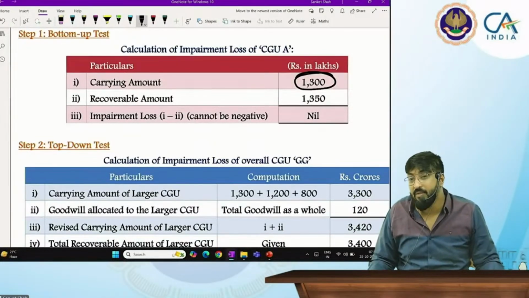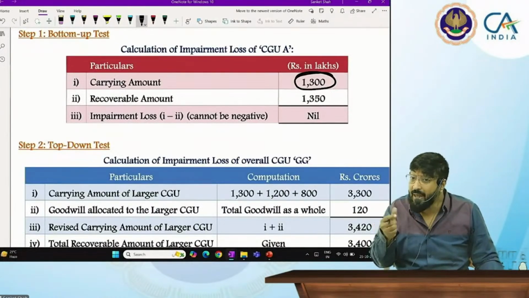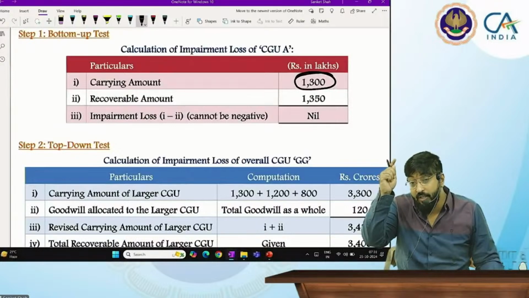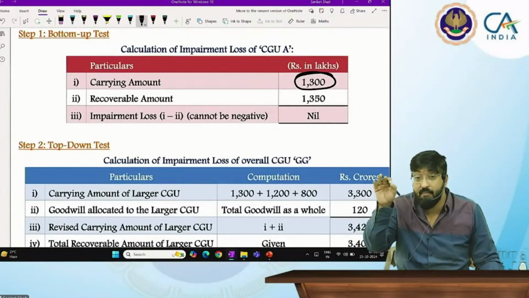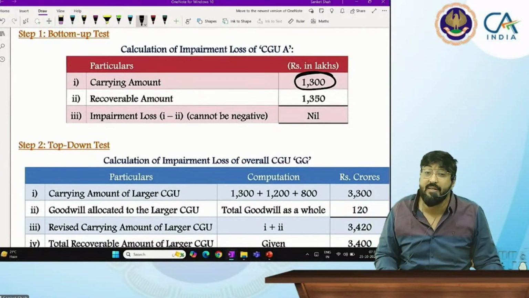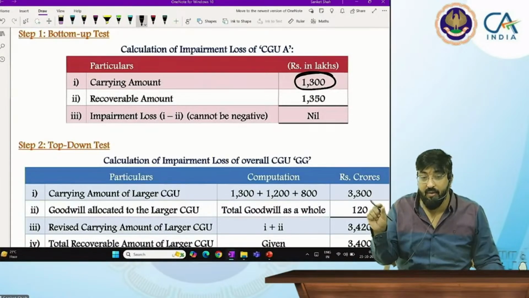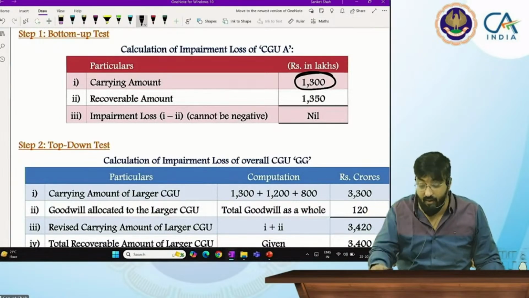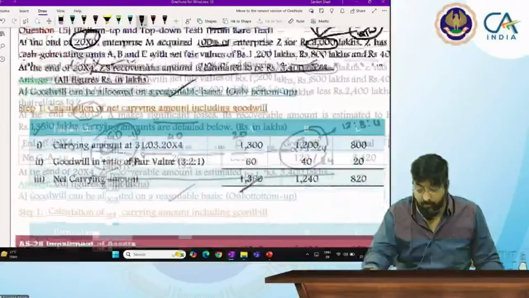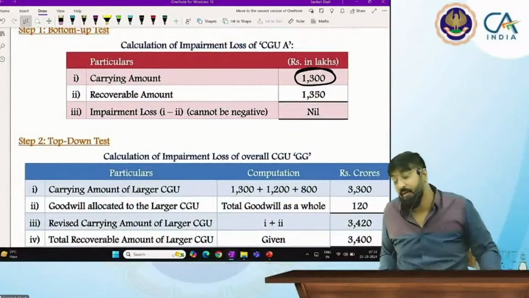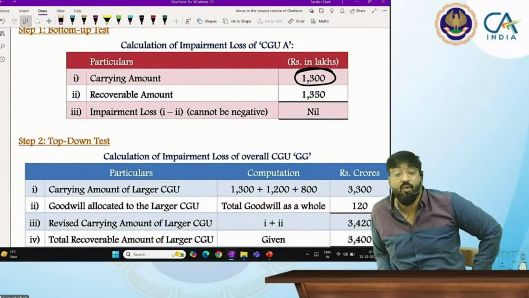Now I will first go with the bottom-up test only, without goodwill. So what is the difference between the above question and this question? Very simple. Here we are going to consider the carrying amount without goodwill, and in question number 14, 15 part 1, we will go with the addition of the goodwill.